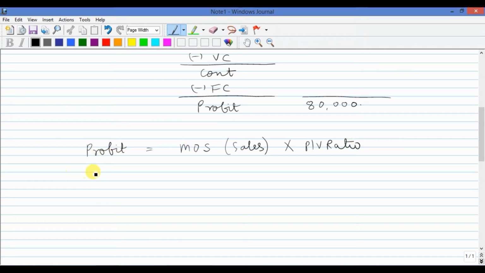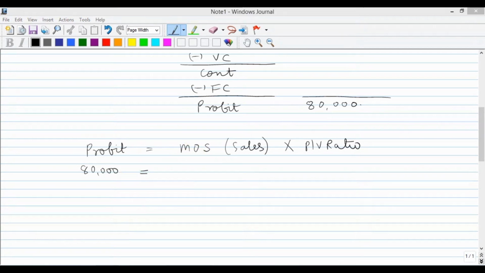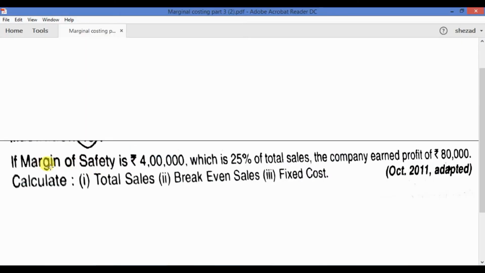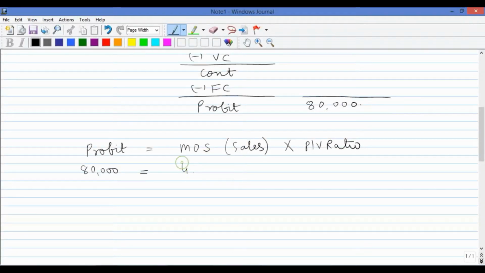But this is a tricky sum. The profit they have given to us is 80,000, so I'm going to write here 80,000 rupees. Margin of safety sales also they have given us, the margin of safety is 4 lakhs. So margin of safety sales I know it is 4 lakh into the PV ratio.